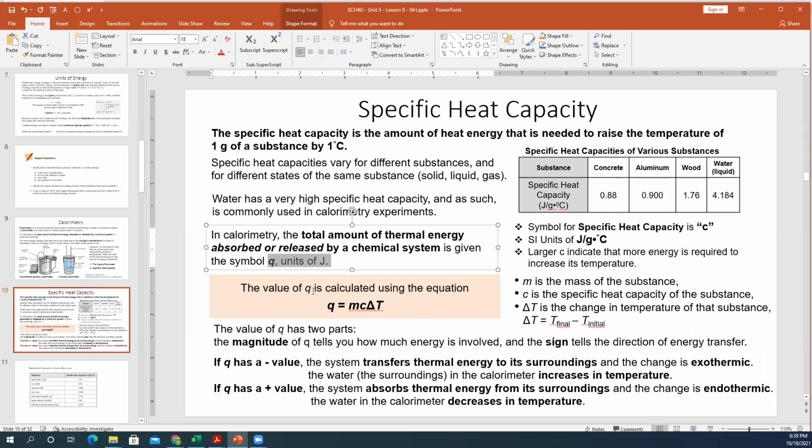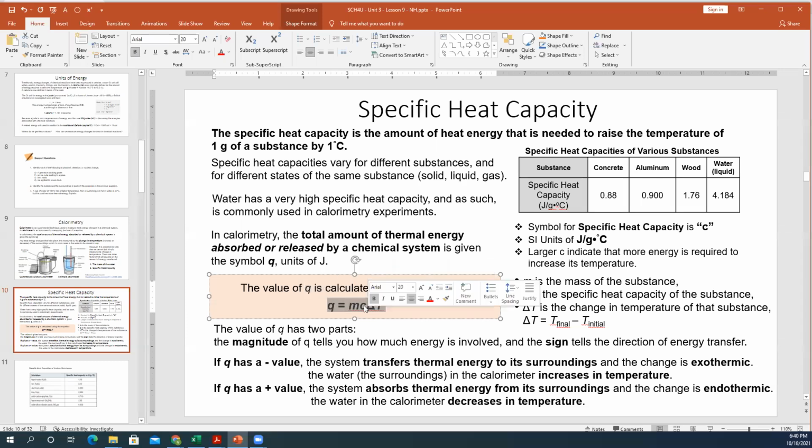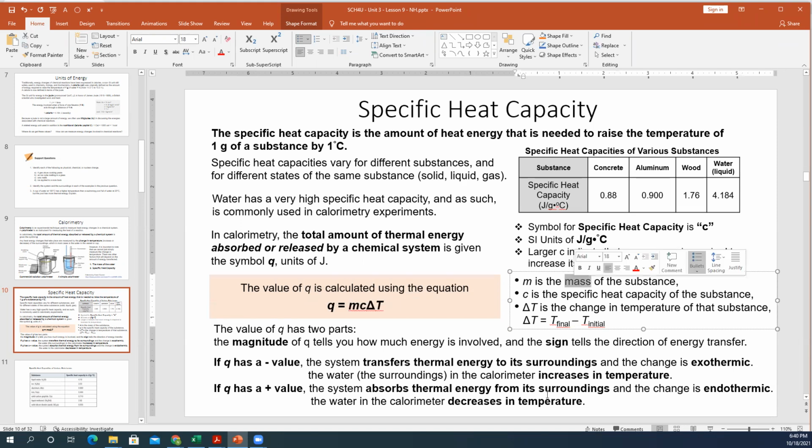And the value of Q, the total amount of thermal energy absorbed or released, is calculated using this equation. Q is equal to mcΔT. m is the mass of the substance. c is the specific heat capacity of the substance. And ΔT is the change in the temperature of the substance. The final minus the initial gives you the change.